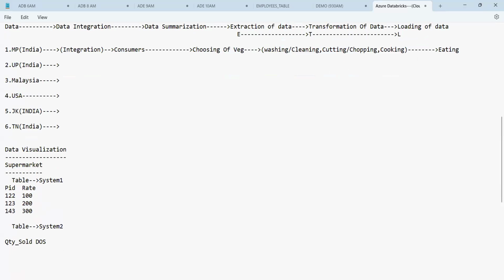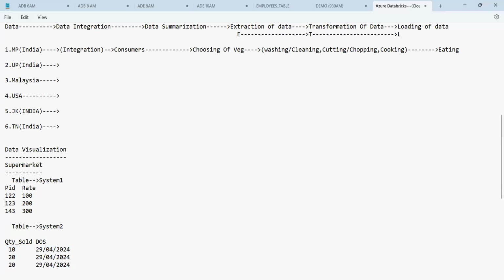Let us say the quantity sold is 10 and the date of sales is today's date, 29/04/2024. Okay, guys, this is the data you have.